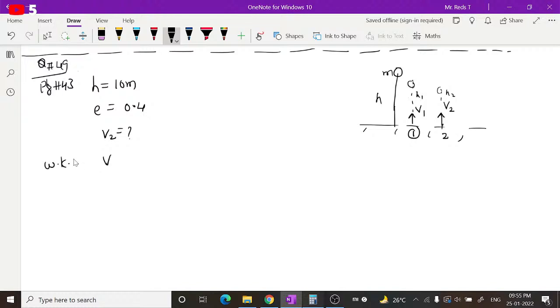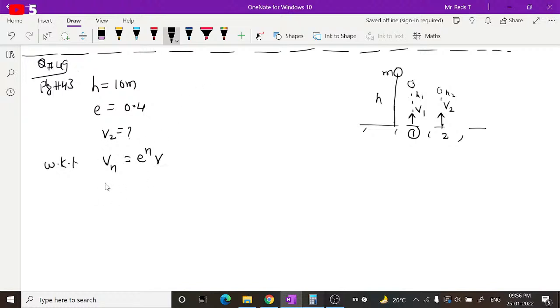And next, velocity after nth collision and height after nth collision. Velocity after nth collision is e to the power n into v, where v is the velocity before the first collision. Similarly, height after nth collision is hn equal to e to the power 2n into h. You have to remember this.